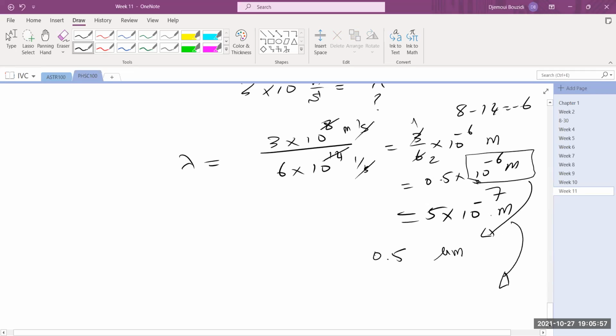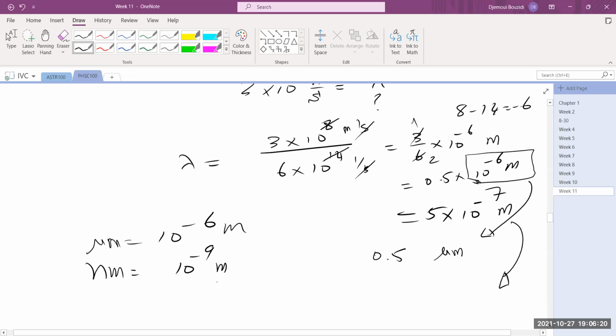is 100 times more than a nanometer, because a nanometer is 10 to the negative 9 meters. A micrometer, like the one I wrote in here, is 10 to the negative 6 meters. So 10 to the negative 6 meters is the same thing as a micrometer. So the wavelength is half a micrometer.